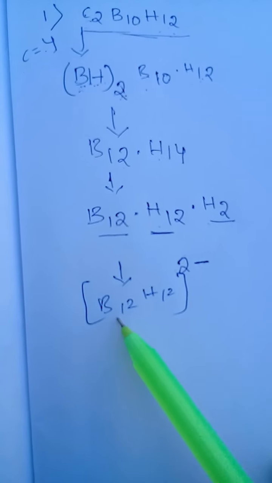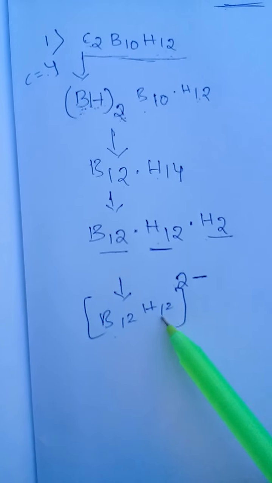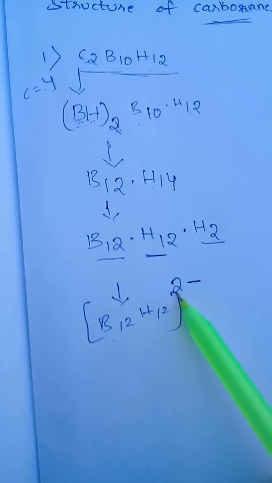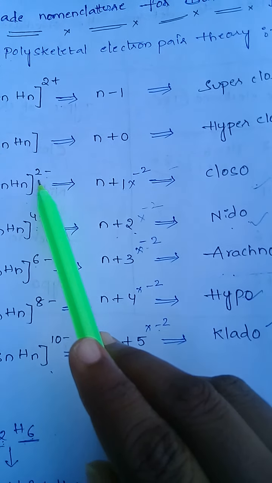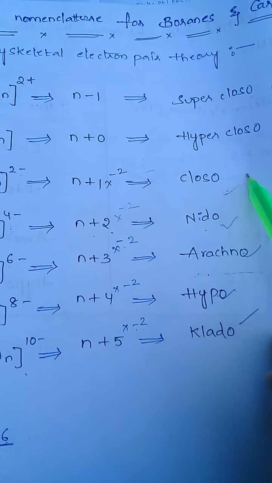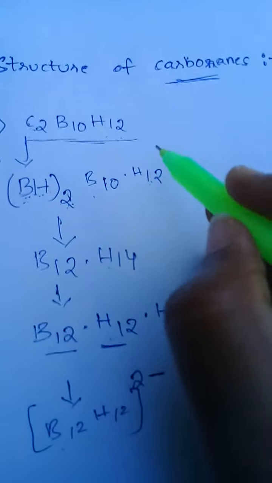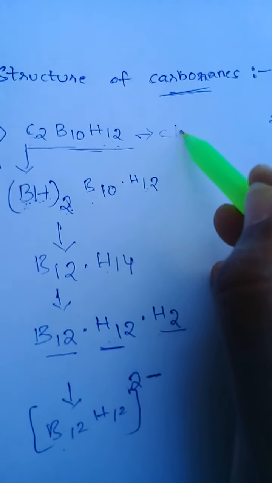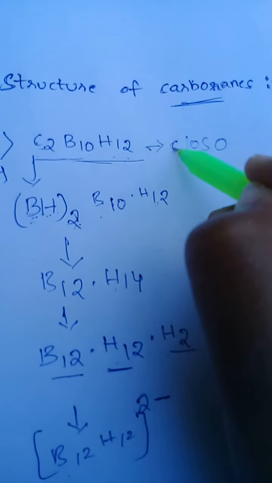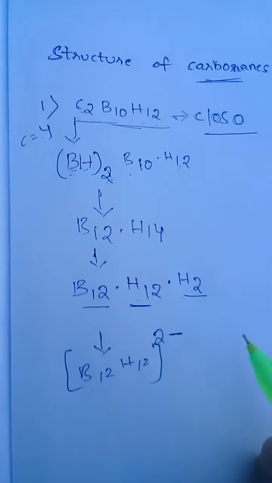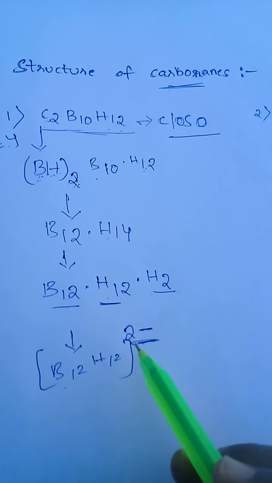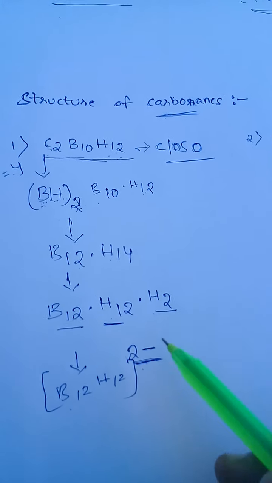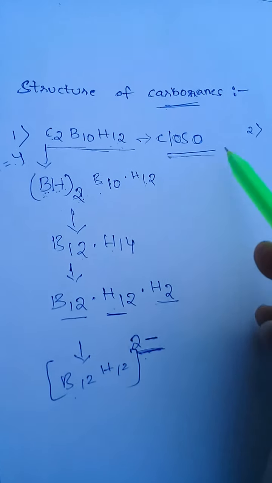So we get B12H12 2 minus. Bn Hn 2 minus means the structure is closo. For C2B10H12 the structure is closo, because the charge for this carborane is 2 minus.